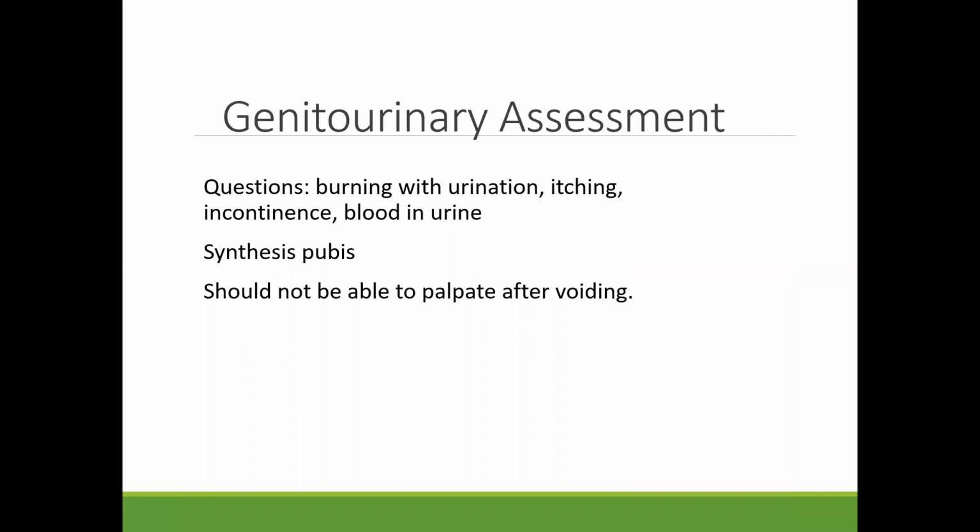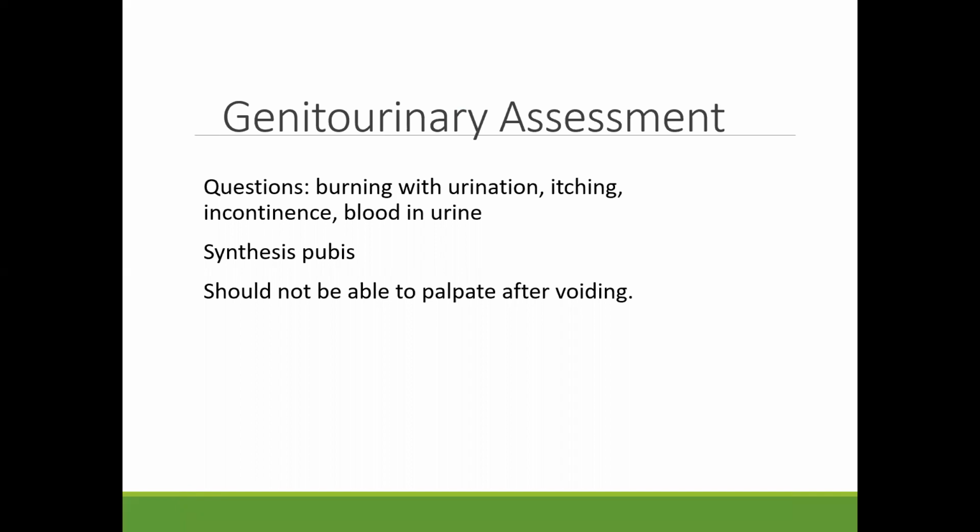GU assessment, most people miss this on skills testing. It's as simple as asking if they're urinating. We're not doing anything more than that. I am not getting all up in there unless I'm putting a Foley in. I'm asking questions. Are they urinating okay? Is there any burning, itching? I'm going to assess the symphysis pubis, which should not be able to be palpated after voiding.